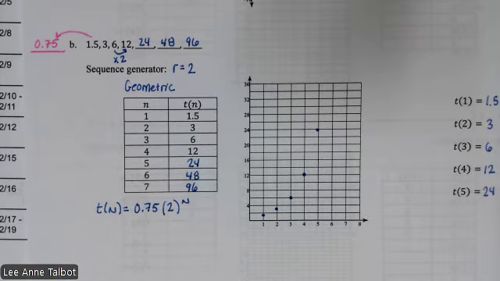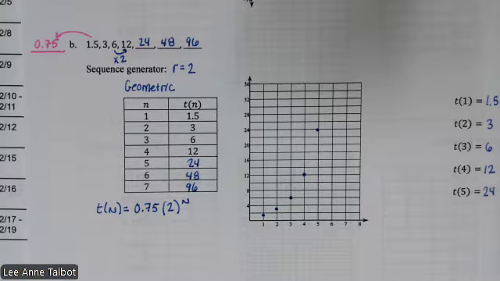Okay, now what I want you to do is flip through the rest of them with your group. Figure out if they're arithmetic, which means you're adding each time, geometric, which means you're multiplying each time, or neither, which means that they're weird.